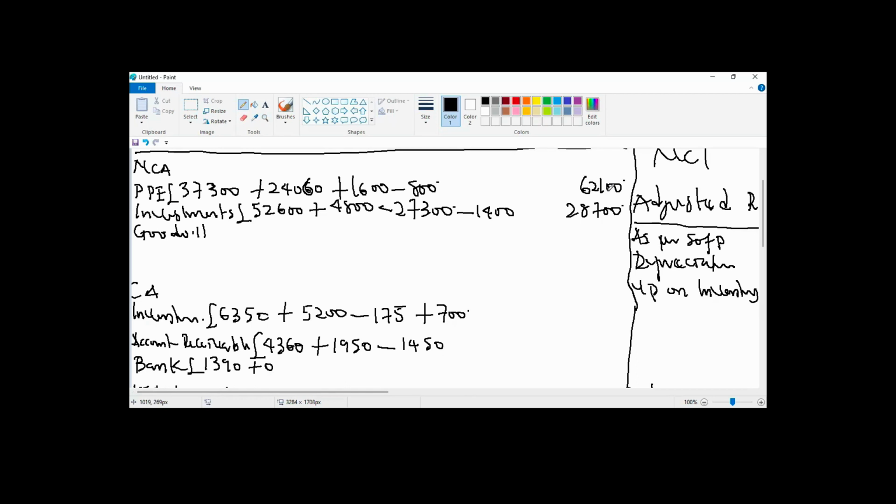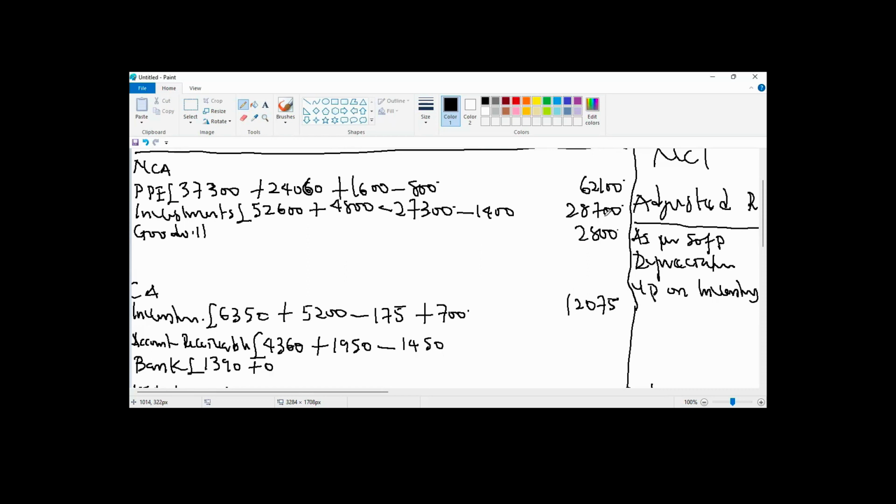Inventory of the parent 6,350 plus subsidiary, which is 52, minus unrealized profit on inventory plus inventory in transit, 50,75. Then goodwill 28.